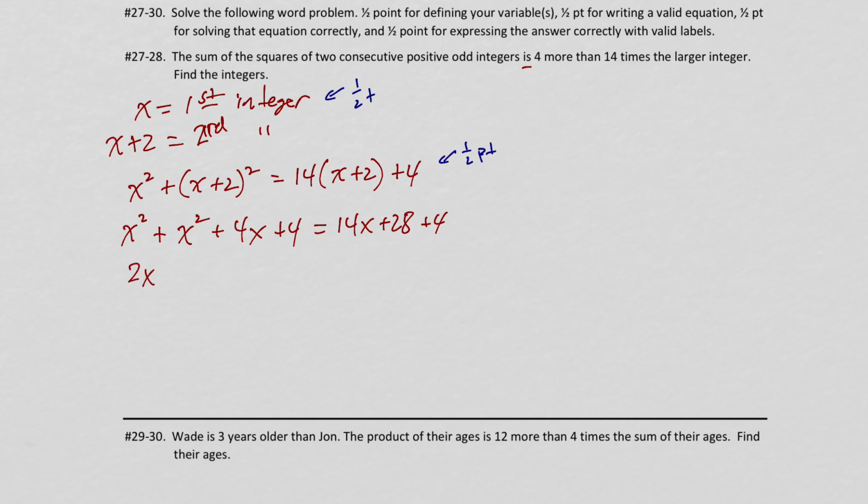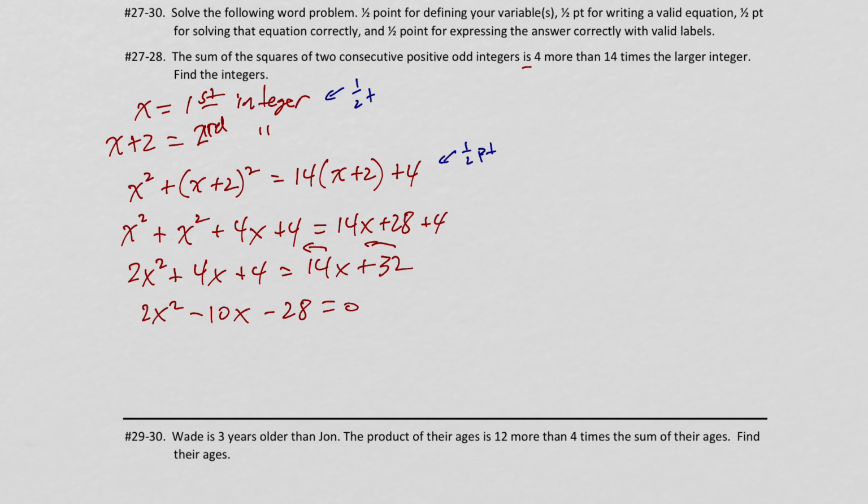Combining like terms, let's just combine like terms. Now, I'm going to bring this over and bring this over. So we have 2x squared, 4 minus 14 is negative 10x, and 4 minus 32 is negative 28.